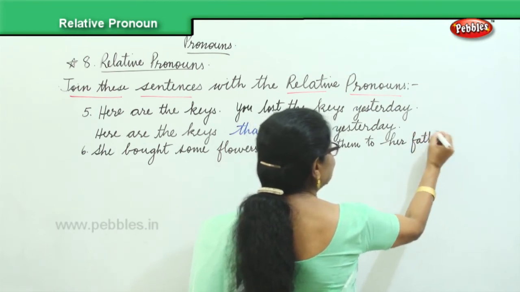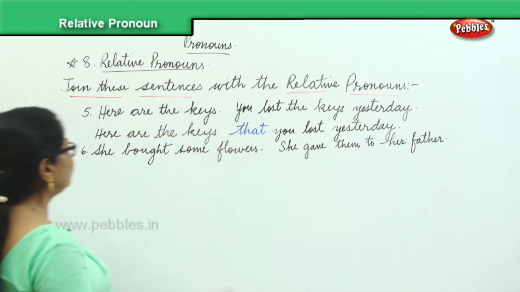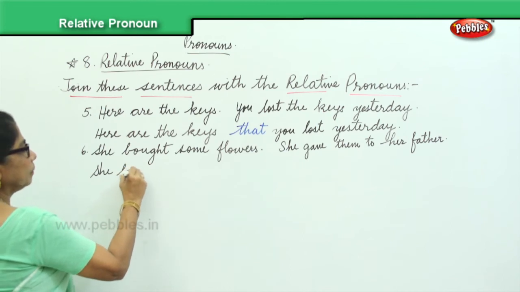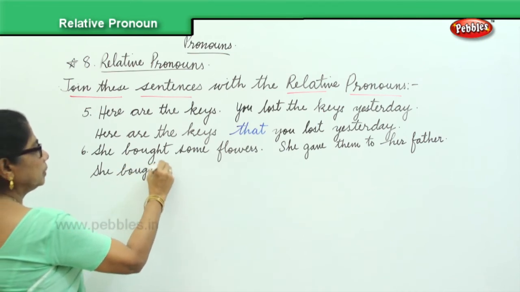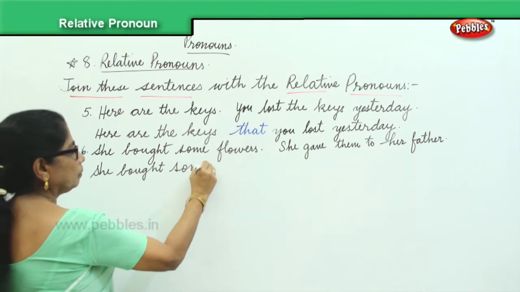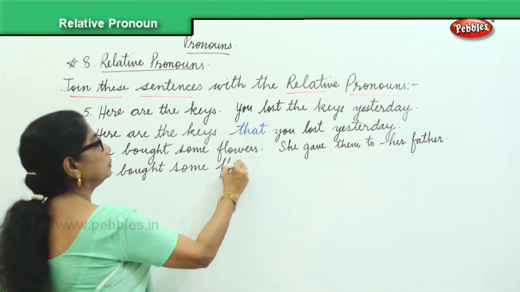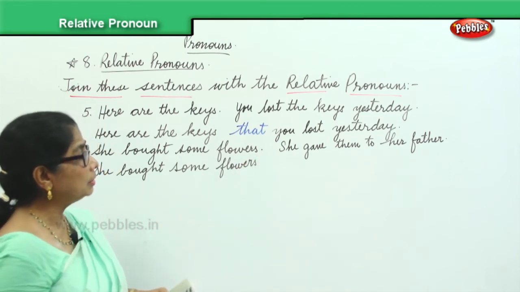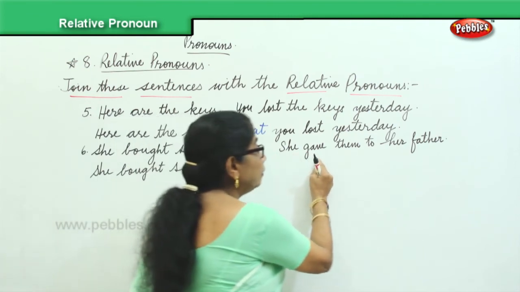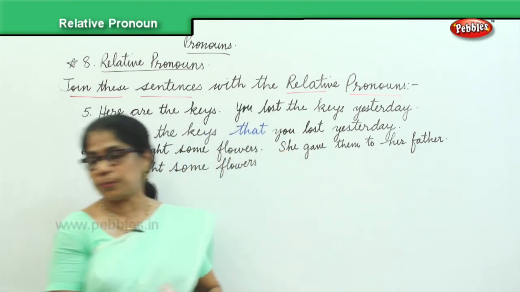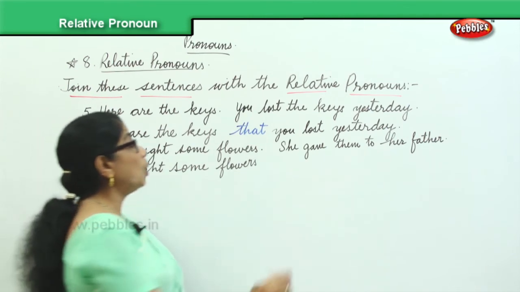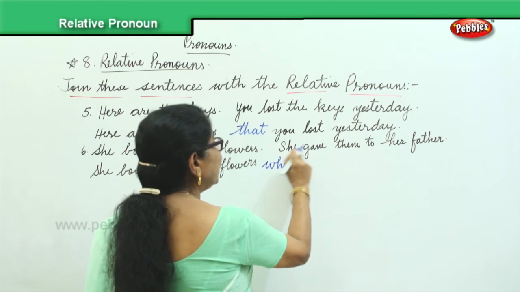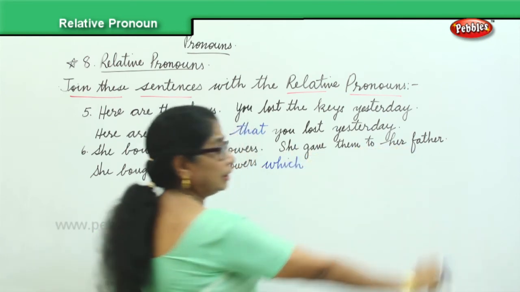Let's join the two sentences with the help of a relative pronoun. She bought some flowers which she gave to her father. Which. What is the word we are using here? Relative pronoun. Which she gave to her father.